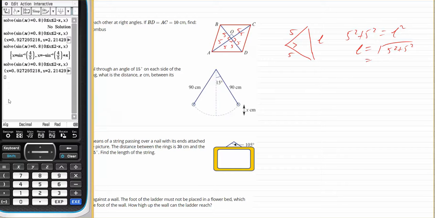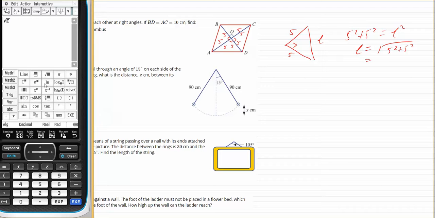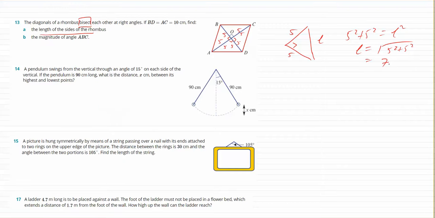Square root of 5 squared plus 5 squared gives a value of 7.07, and the units are centimeters. 7.07 centimeters. So we found the length of each side of the rhombus, and they're the same length.